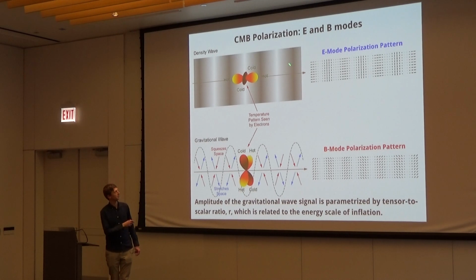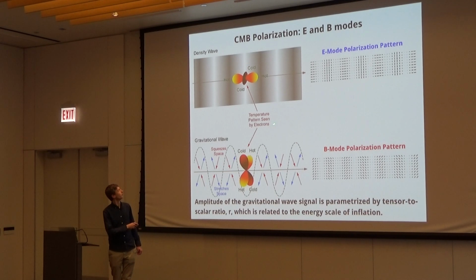The distinction is that for this E-mode pattern, if you have a fluctuation along the horizontal axis, the pattern is oriented both parallel and perpendicular to that direction of fluctuation, whereas for the B-mode, it's oriented at 45 degrees.